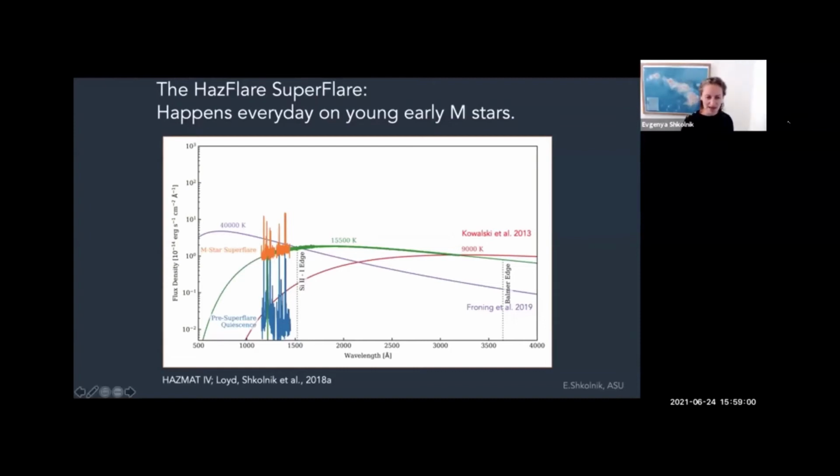Typically, we assume 9,000 Kelvin black bodies, but since we published this, a 40,000 Kelvin black body was also reported for another M-star super flare. So when we're asking how much energy is actually being outputted in these flares, we still don't have a complete picture of that, and we're working to get those answers.